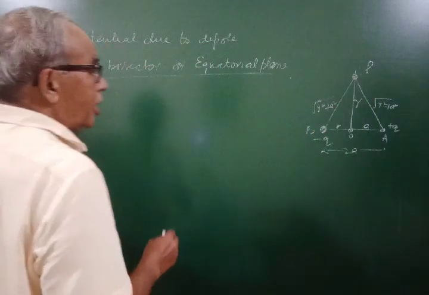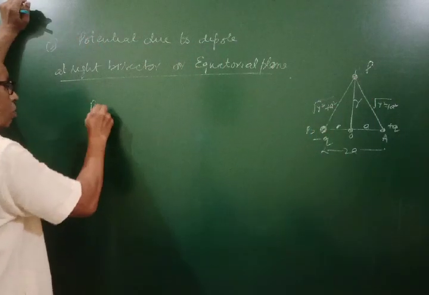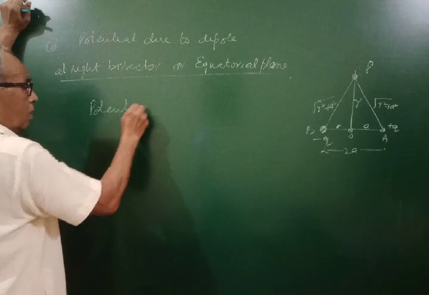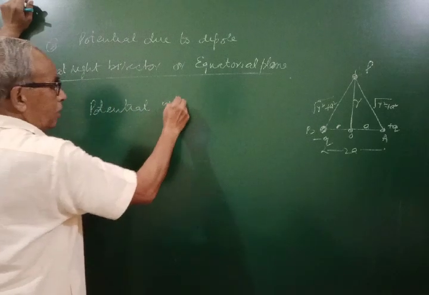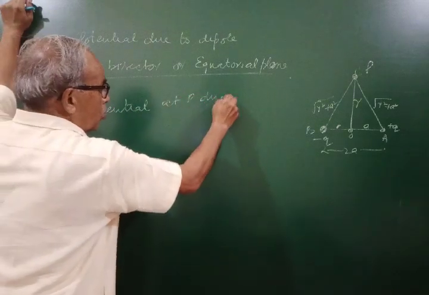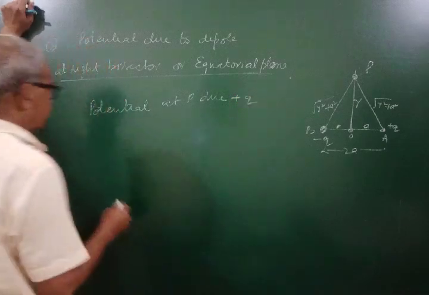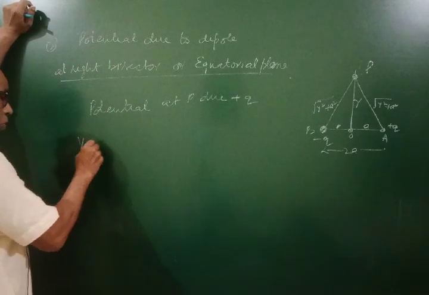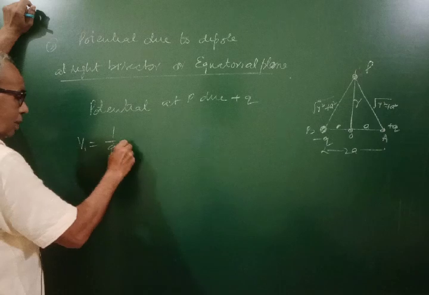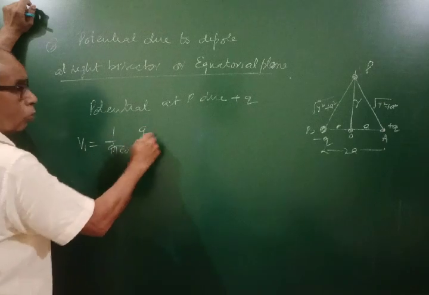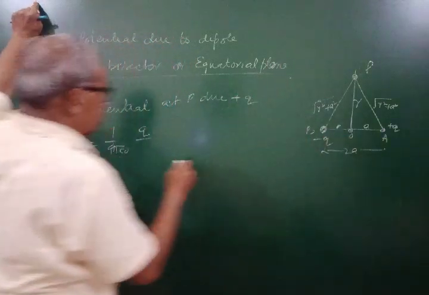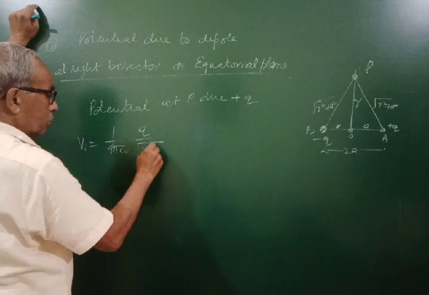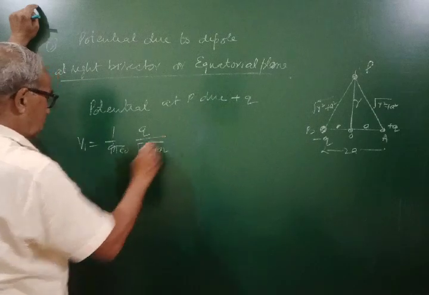तो potential at P due to plus Q, V1 equal to 1 upon 4 pi epsilon 0 Q upon AP, means under root r square plus a square.